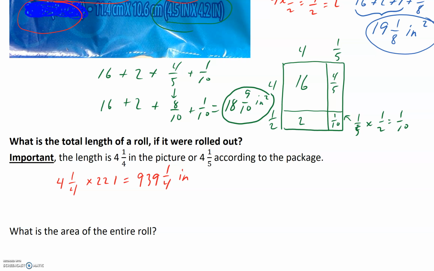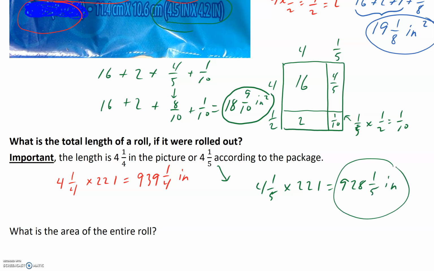Now, if we go by the package, which, like I said before, we probably should, 4 1/5 times 221 is 928 and 1/5 inches long. So there's that one. Okay, so by their measurements in the package, 928 and 1/5 inches long.